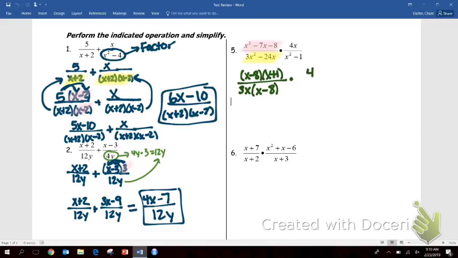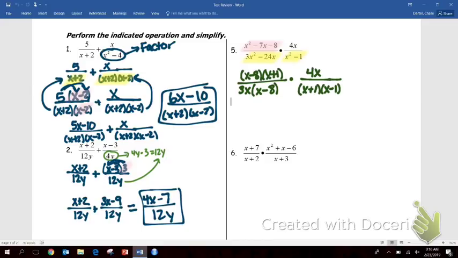I can't factor 4x, and then I need to factor this, which is x plus 1, x minus 1. Remember, for these we just take the square root of both terms. The square root of x squared is x. The square root of 1 is 1. So I know it's x plus 1, x minus 1.